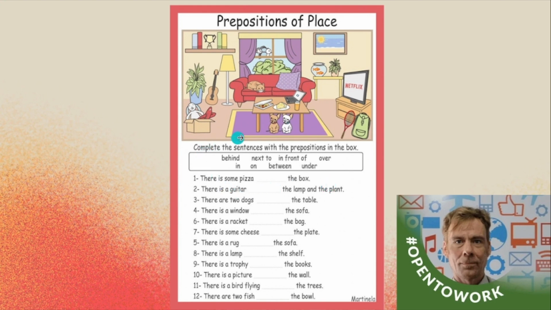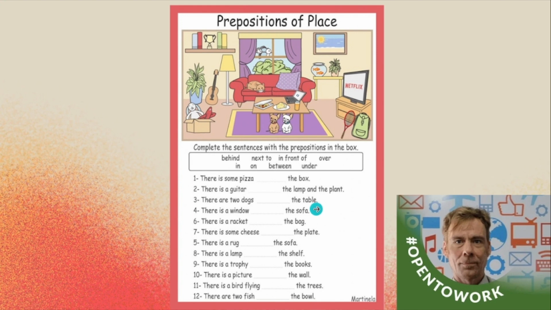Where is the pizza? The pizza is here in a closed space, so the pizza is in the box. There is a guitar, the lamp, and the plant. So here's the plant, here's the lamp. The guitar is between the lamp and the plant.